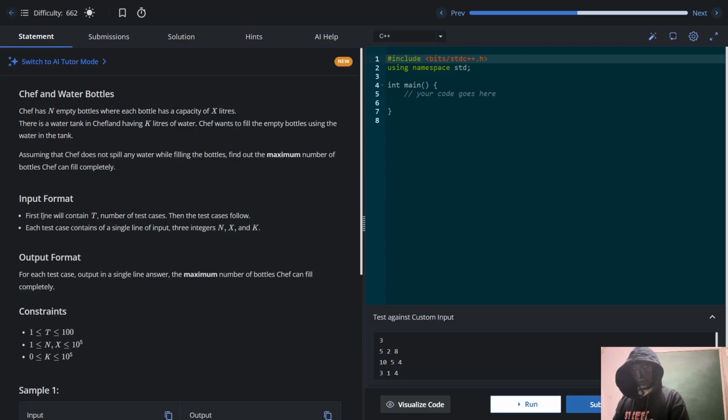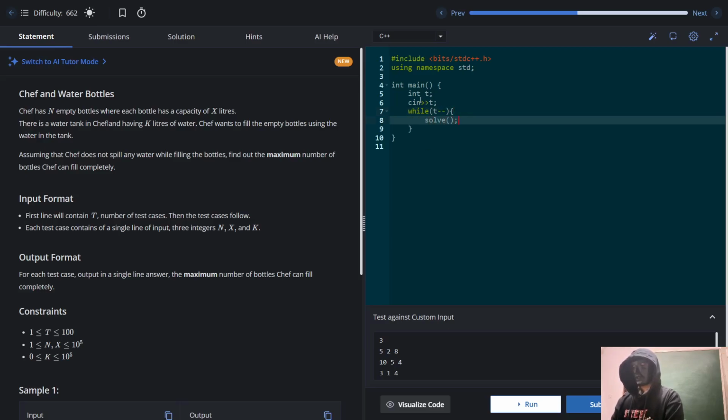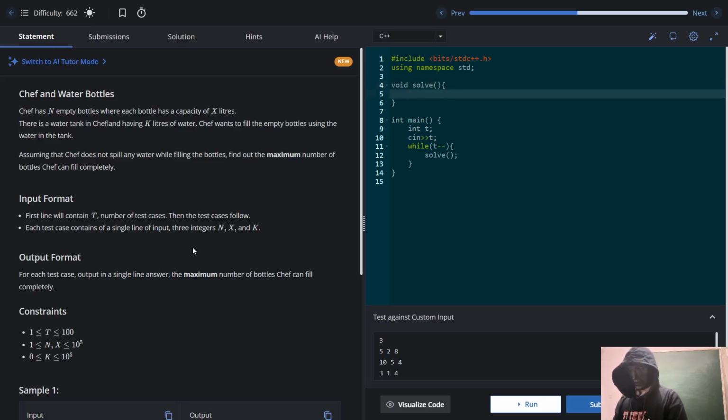The first line will contain t, the number of test cases. So int t, while t minus minus. This will take care of all the test cases, and for every test case we'll call a function that will do our calculations.